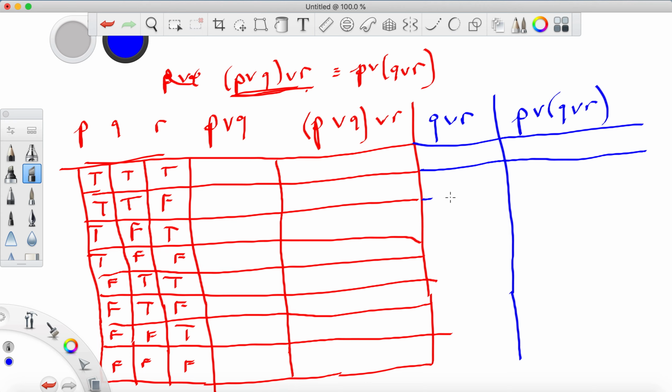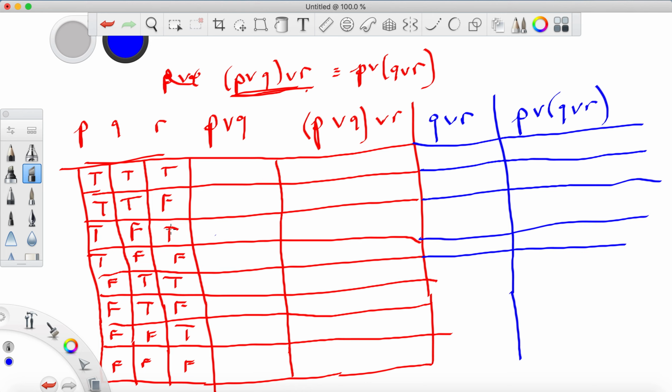Basically what we want to show is that for whatever values of P, Q, and R that we give, these two columns are going to give the same output. And it is pretty obvious once you see it.